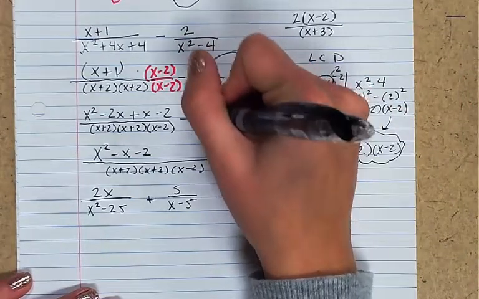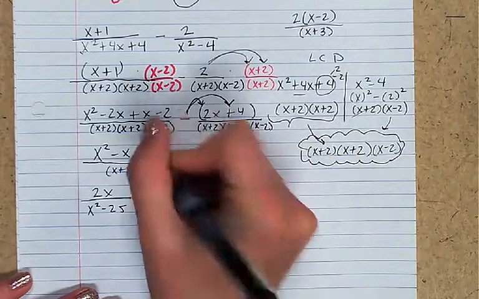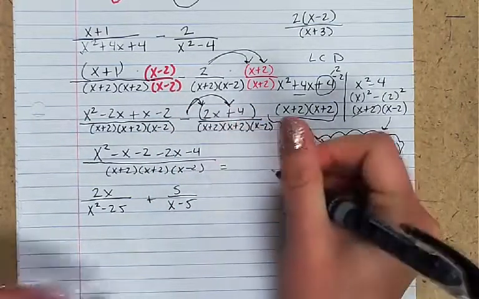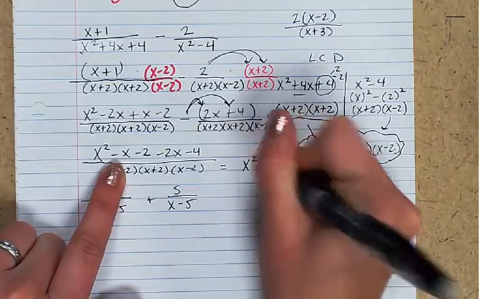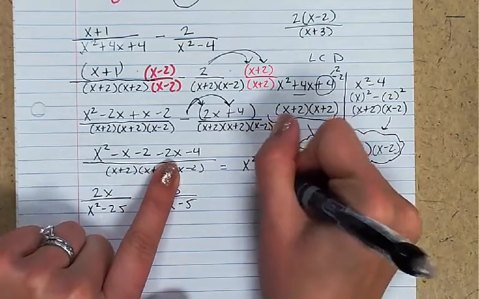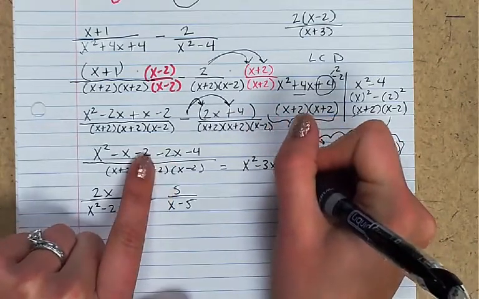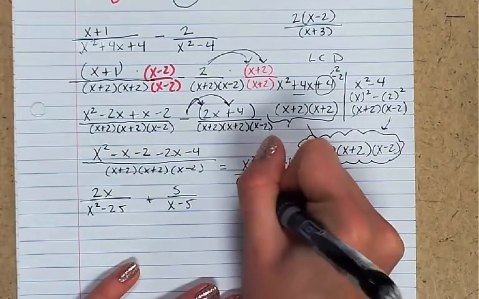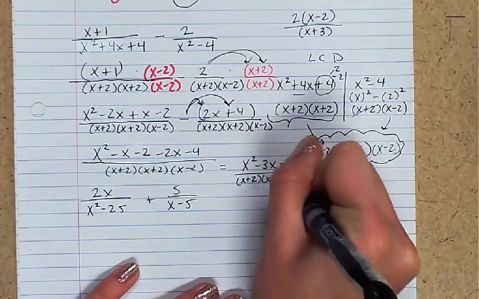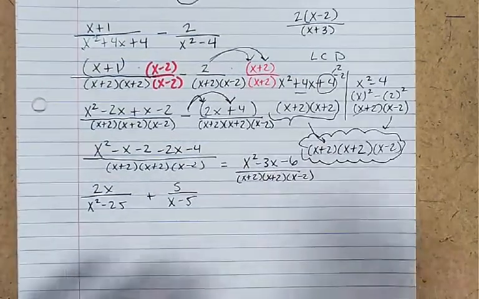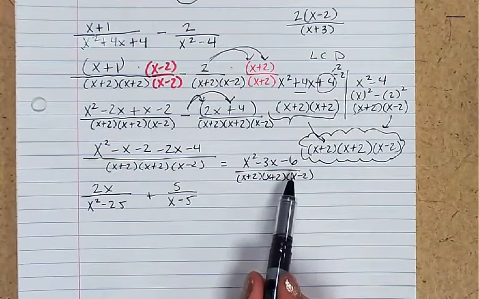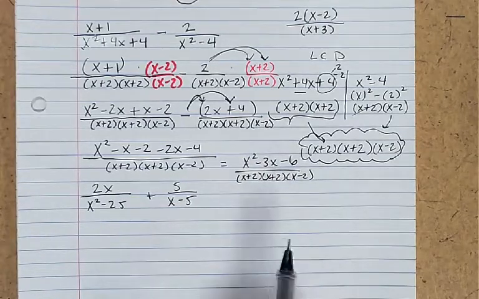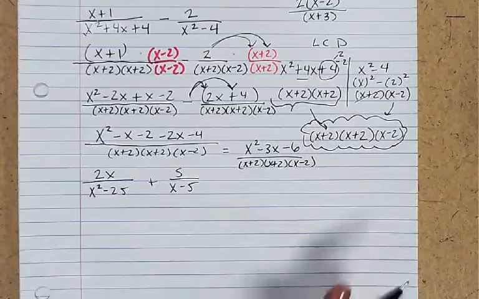So we're going to go minus 2x minus 4. And if we combine our like terms in the numerator, negative x minus 2x is minus 3x. Negative 2 minus 4 is negative 6. There are no two numbers that multiply to negative 6 and add to negative 3, so you can't factor that. It's stuck like that. So that doesn't simplify any further.